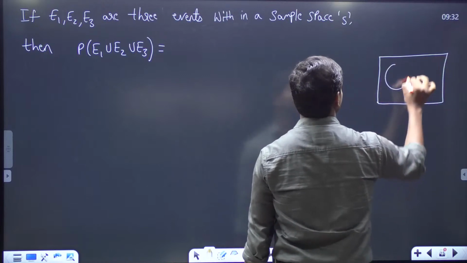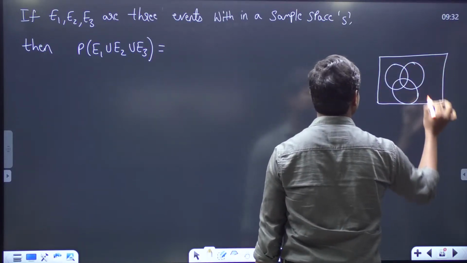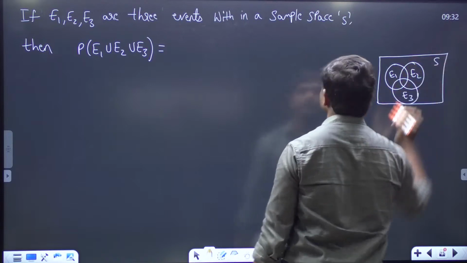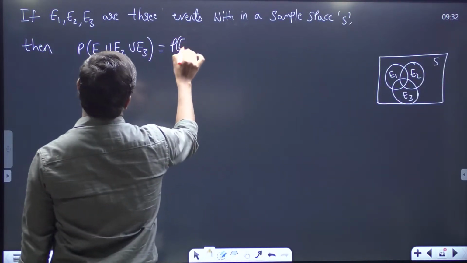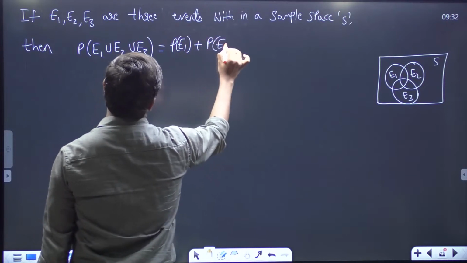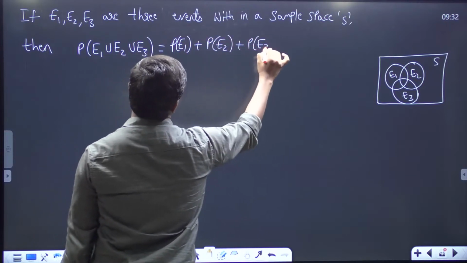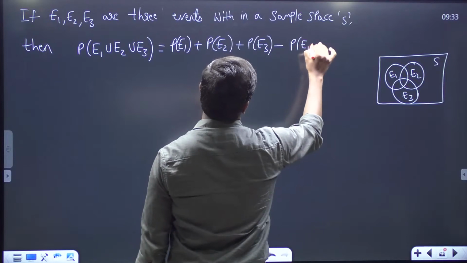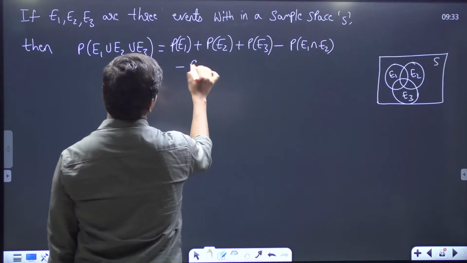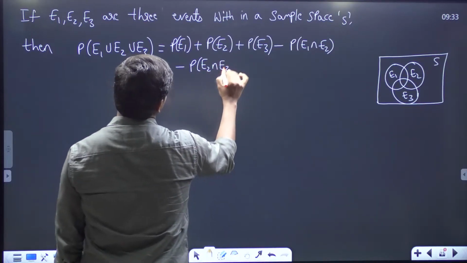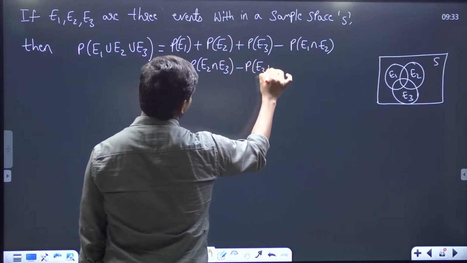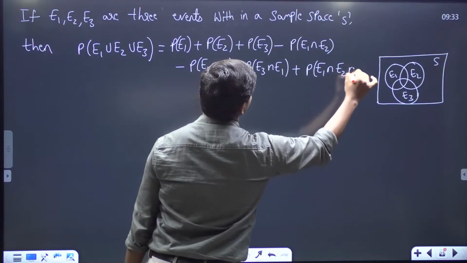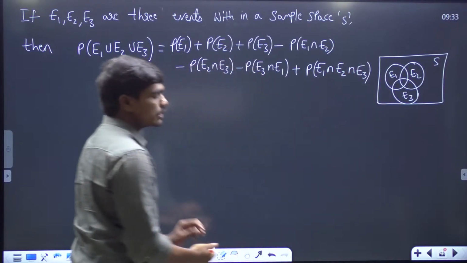Later you can check: if this is E1, this is E2, and this is E3, and this is the sample space, you can write P of E1 plus P of E2 plus P of E3 minus P of E1 intersection E2 minus P of E2 intersection E3 minus P of E3 intersection E1 plus P of E1 intersection E2 intersection E3. This is the result.